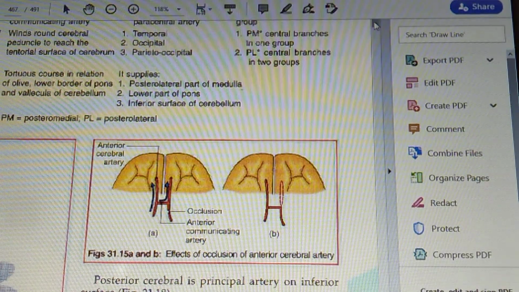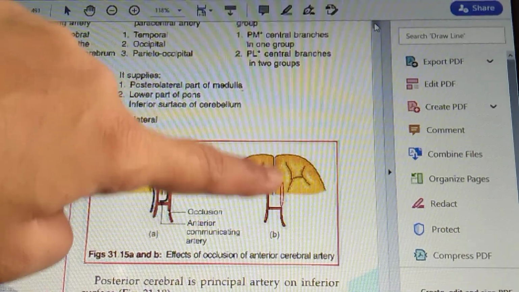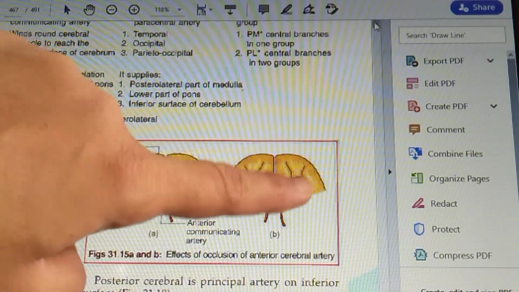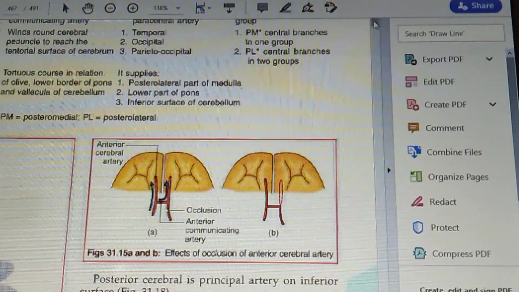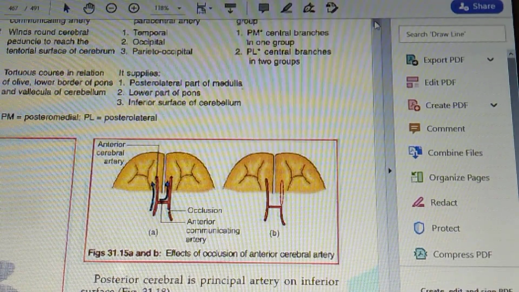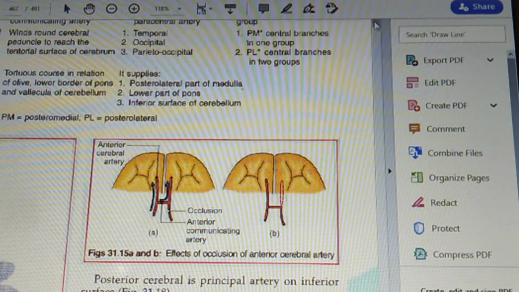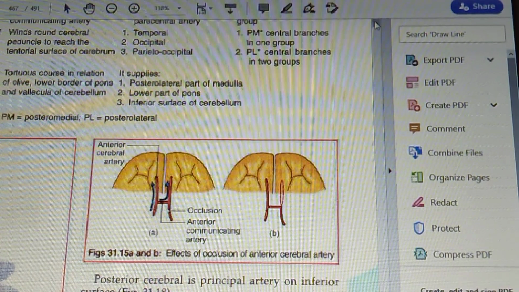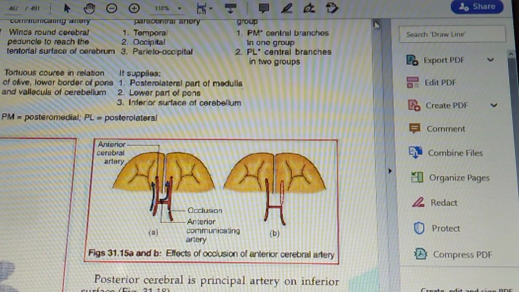But if it is distal, then you can see here there is no blood supply now. Because of this, it will lead to contralateral sensory loss in the lower limb and associated incontinence. Next is thrombosis of the paracentral artery, or the terminal cortical branch of the anterior cerebral artery. It causes contralateral lower limb monoplegia.